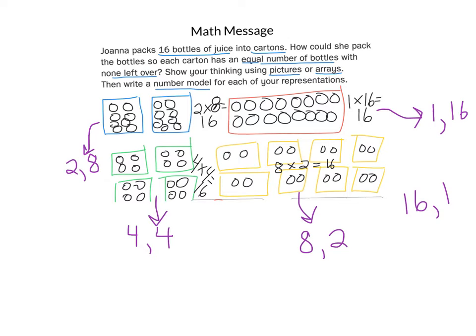But now we're going to look at 16 as our number, and we're going to make a list of all the different factors. So the way that we started with, we're going to focus on that one first. So we had a factor of 1 and we had a factor of 16. So that one takes care of that.